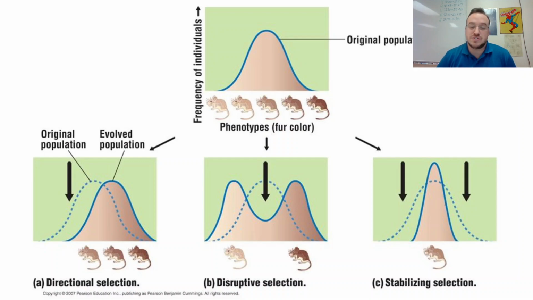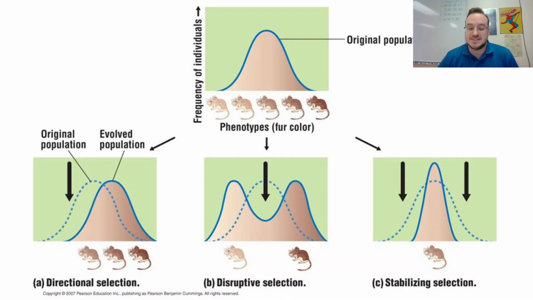A disruptive selection would put pressure against, so it would select against a medium fur color, but the lighter and the darker fur colors would be okay. So they would live on to pass their species phenotypes down to the next generation.